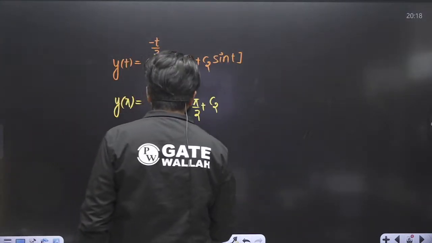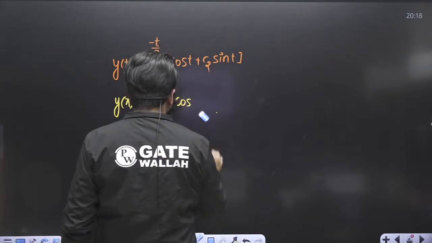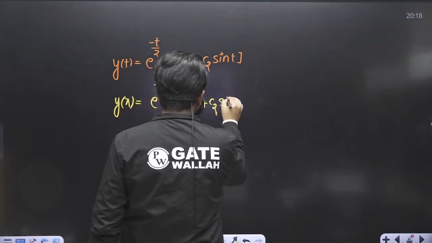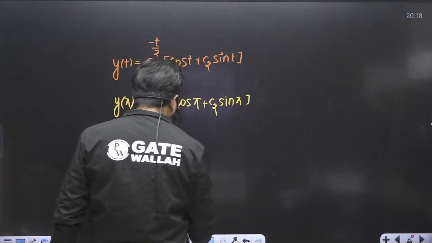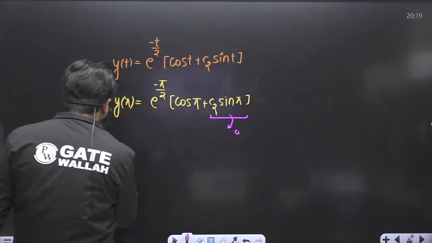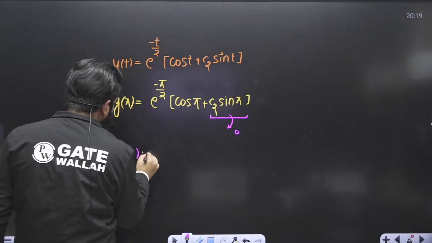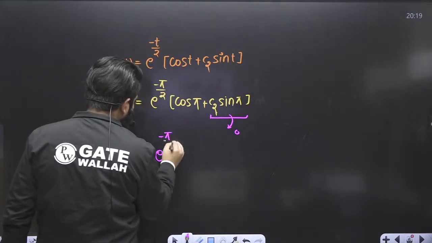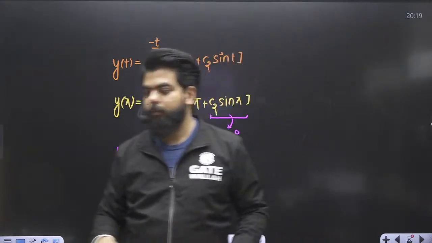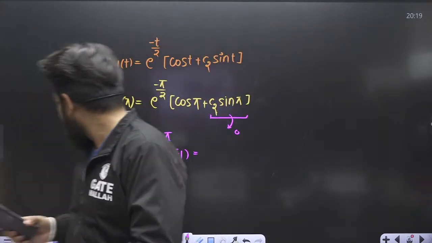Sorry, this is t equal to pi. What is the value of sin pi? This complete term goes to 0. So the value of y(pi) becomes e to the power minus pi by 2. Cos pi becomes minus 1. Calculate the value, minus 0.208.